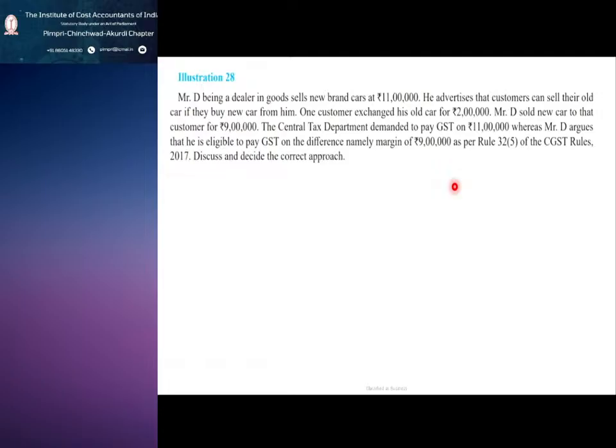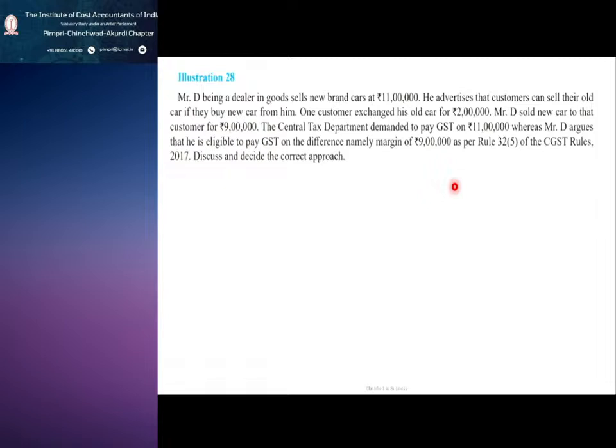So if you see this problem, you will get an understanding of what is rule 32(5). So he is a dealer of what? Selling new brand cars. He advertises that the customer can sell old car if they buy a new car from him, and he did the same. He sold to one of the customers the car valued at 11 lakhs, but he exchanged it, the old one, and he gave 9 lakhs.